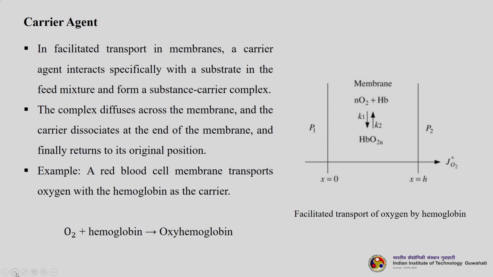We have discussed oxygen transport through cells: oxygen in the presence of hemoglobin forms an oxyhemoglobin complex. This complex diffuses through the membrane, then releases oxygen here, and the hemoglobin is back to business.